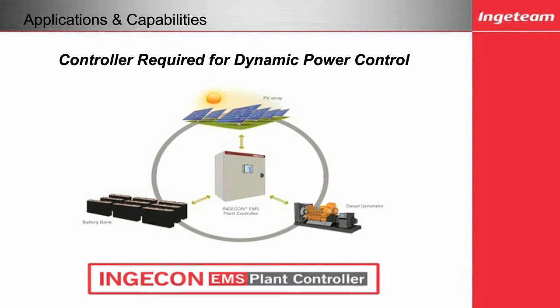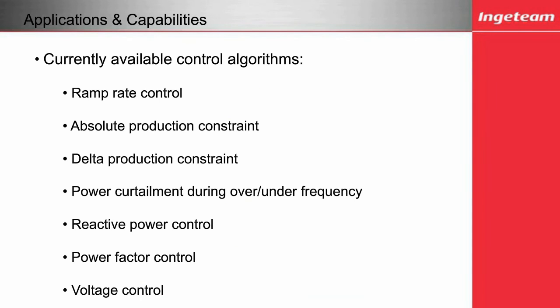Now, to dynamically control any plant, whether it be PV plus batteries plus even a diesel genset as an option, a plant controller is required to have that dynamic power to measure at the point of interconnection. What is available today for applications and capabilities of an entire plant control?